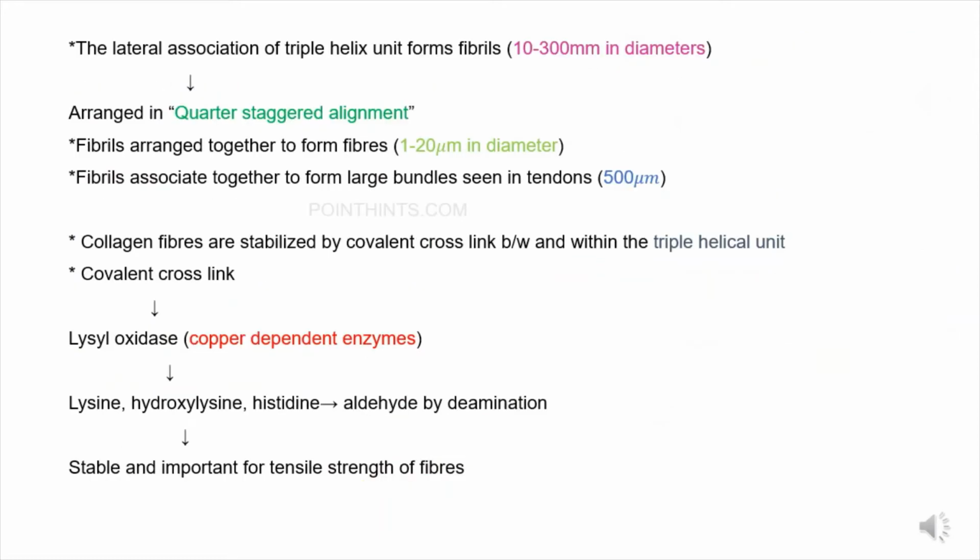The triple helix units are stabilized by covalent cross-links between or within them. These cross-links are formed by the copper-dependent enzyme lysyl oxidase, which acts on the amino acids lysine and hydroxylysine, and sometimes histidine. It converts the amino group into an aldehyde by deamination, which stabilizes the covalent bond and is important for the tensile strength of fibers.